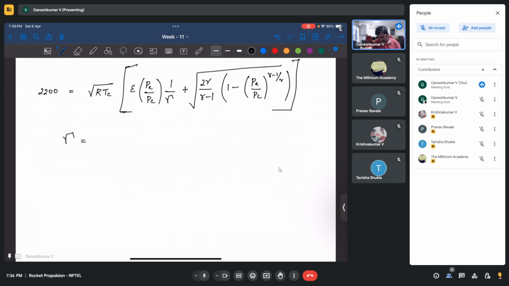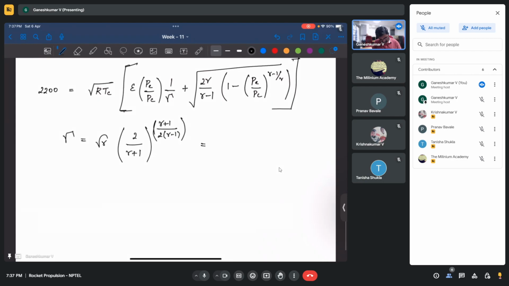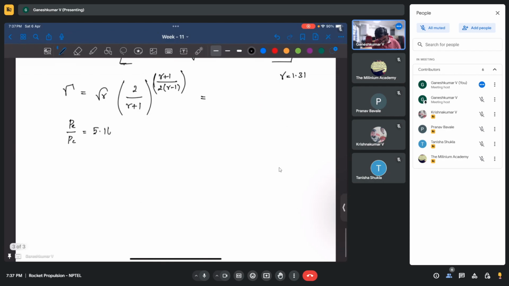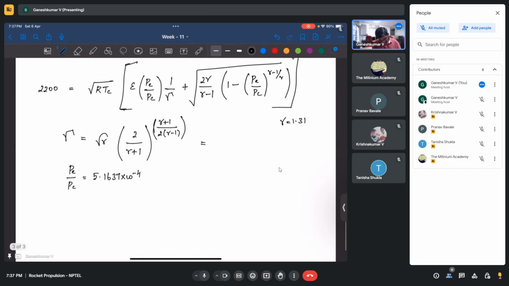Let's write the capital gamma relation also. It's going to be square root of gamma into 2 by gamma plus 1 whole power gamma plus 1 by 2 times gamma minus 1. Gamma is 1.31, which is given in the question, and PE by PC is nothing but 5.11637 into 10 power minus 4, and epsilon is 80.